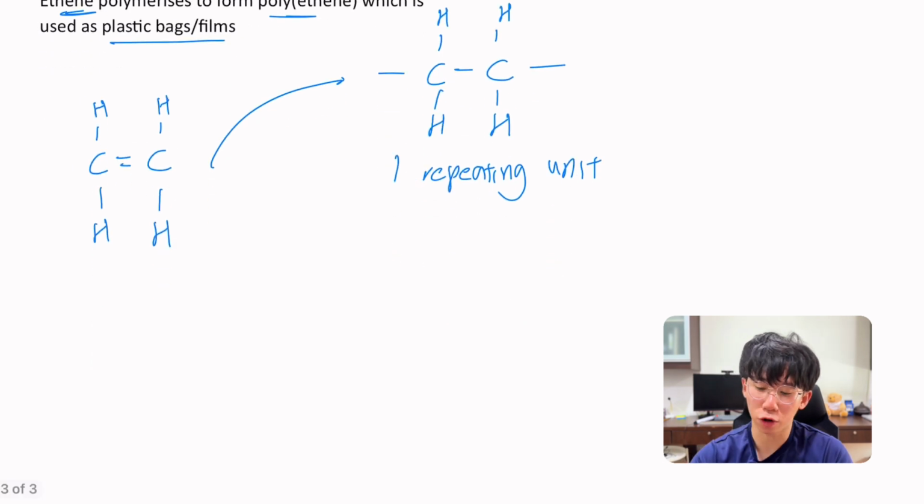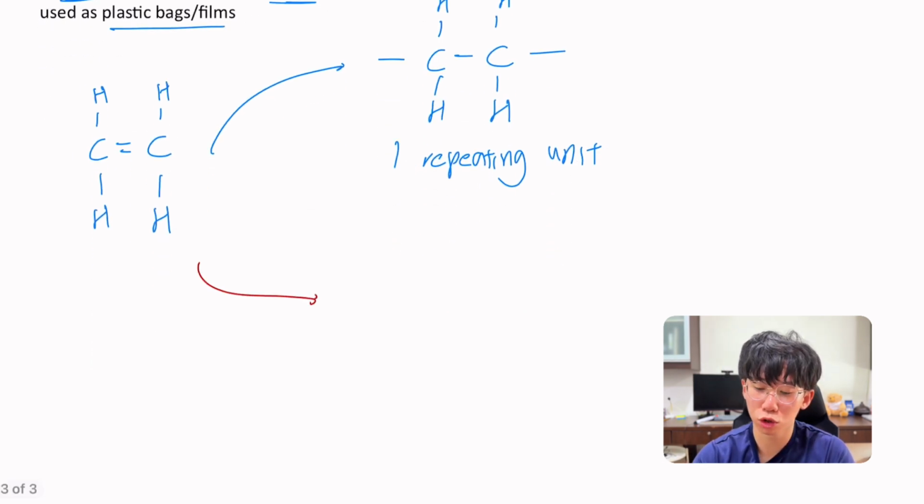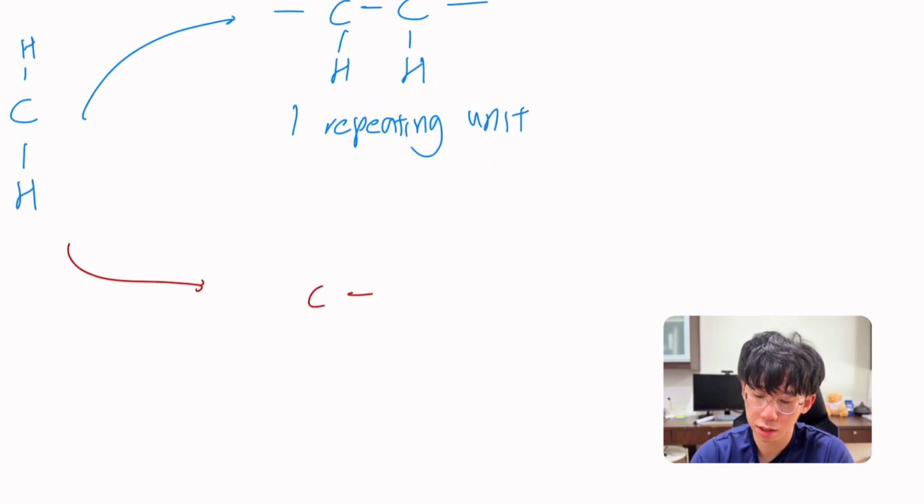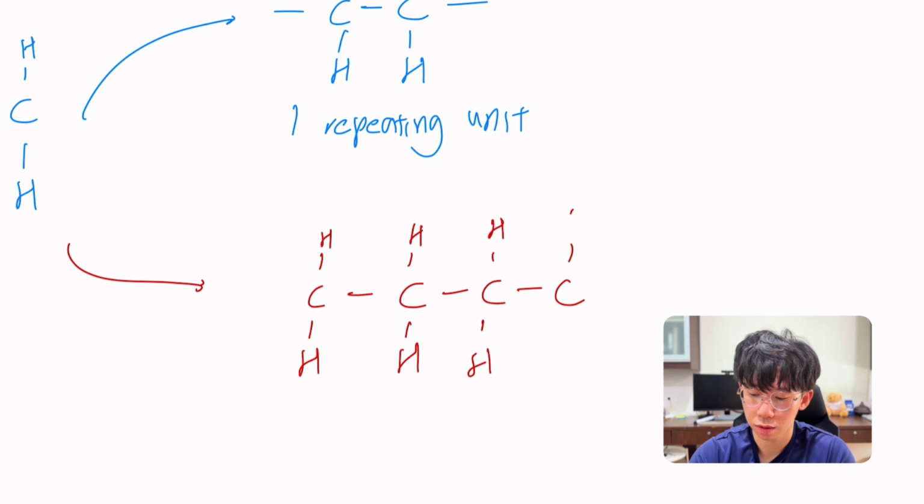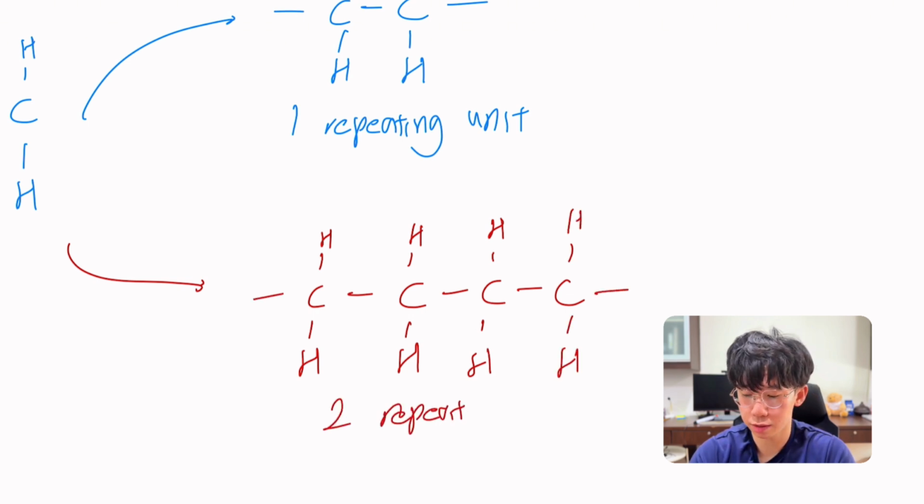If the question is asking for 2 repeating units, you will draw the same thing, which is a copy and paste of 1 repeating unit, and you're going to draw it side by side. And this is 2 repeating units.